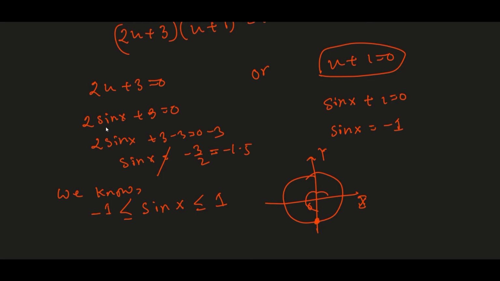Everywhere else we cannot get sine x equals negative 1. So we have only one solution on 0 to 2 pi. By the way, we are looking for solutions in this interval only for now. So we write x equals 3 pi over 2. As a solution set, S equals 3 pi over 2, and that's it. Let's solve one more problem, then we'll end this video.